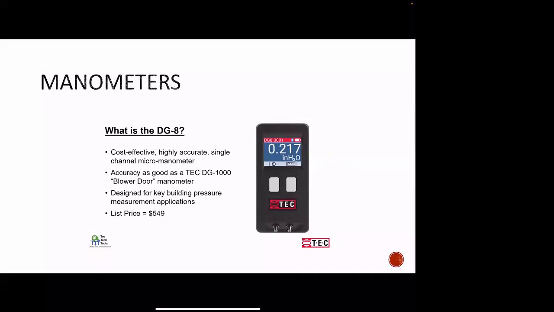It is a very cost-effective, highly accurate single channel manometer, whereas the blower door manometer and the duct leakage tester manometer are going to have dual channels. So there are many opportunities to use a single channel micromanometer. This also is Bluetooth, so you can check static pressure with it as it's showing there on the screen.